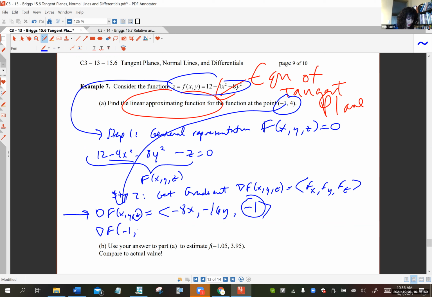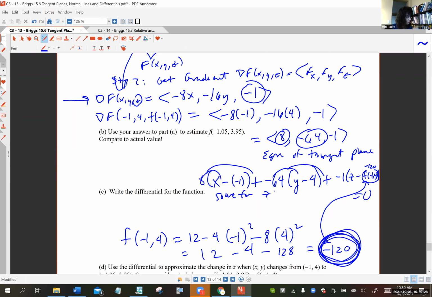So where does that go? What do I do with a minus 120? Well, that's the z coordinate of the point on the surface, so I'm going to put a minus 120 right there. Now I'm going to distribute and try to get this in a prettier form because I want to solve this for z, and then I'll have what I need.